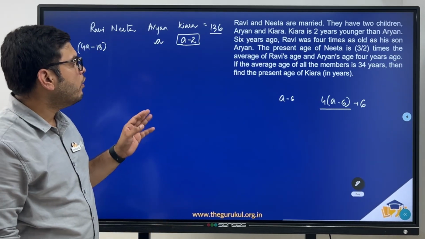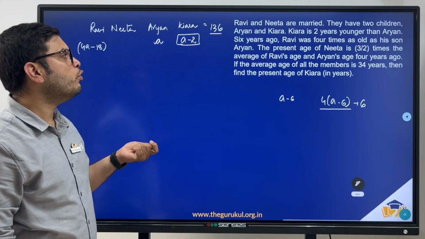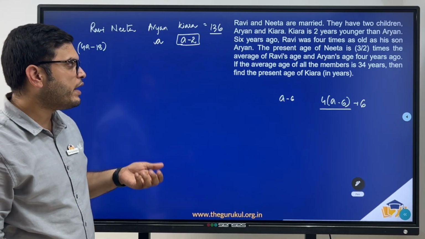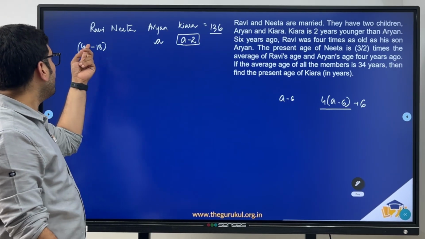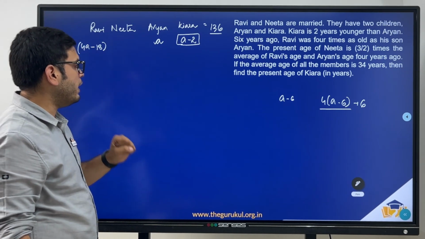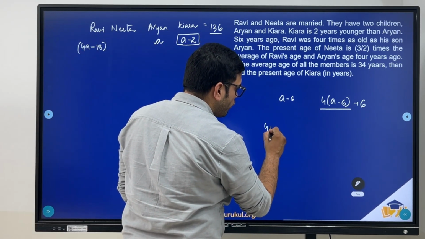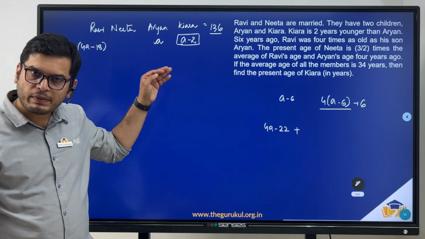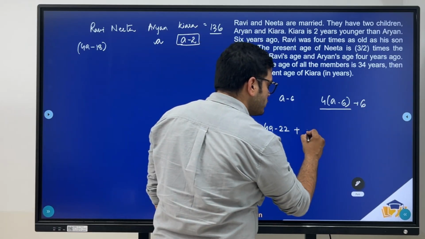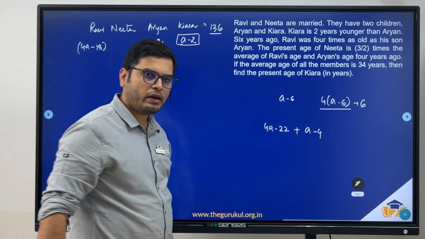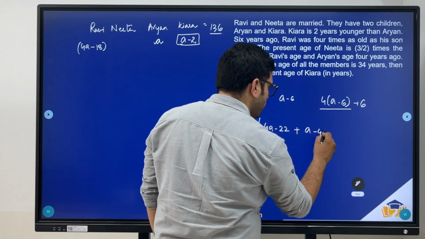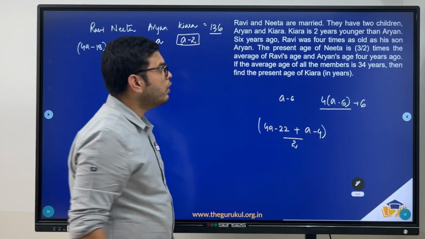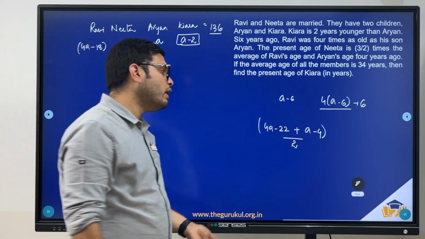Great. Now the present age of Neeta is 3 by 2 times the average of Ravi's age and Aryan's age 4 years ago. Now Ravi's present age is 4A minus 18, so Ravi's age 4 years ago would be 4A minus 22. Plus Aryan's present age is A, so 4 years ago Aryan's age would have been A minus 4. Now average, divide by 2, and Neeta's age is 3 by 2 times of this average.